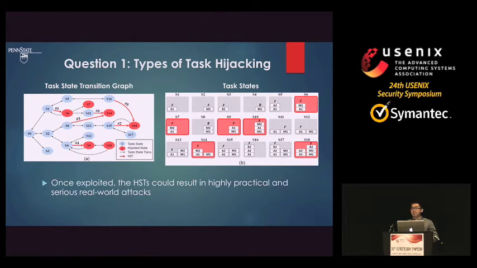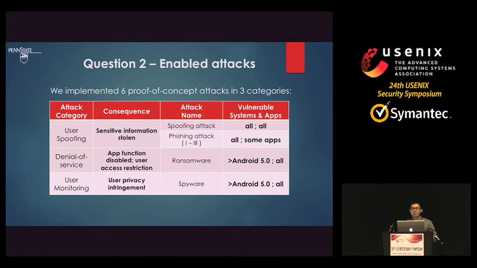We also find that once these HSTs are exploited, they could result in highly practical and serious real-world attacks. By exploiting these HSTs, we implement 6 proof-of-concept attacks, and we surprisingly find that these attacks can cover a wide spectrum of attack space, ranging from user spoofing to denial of service and to user monitoring.